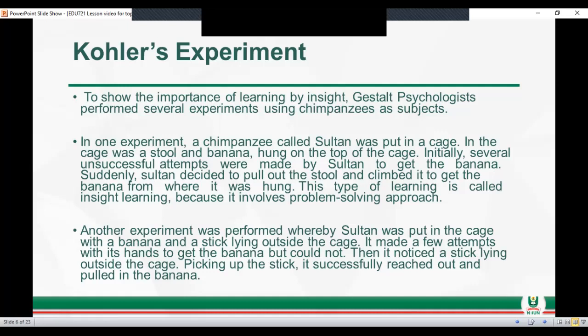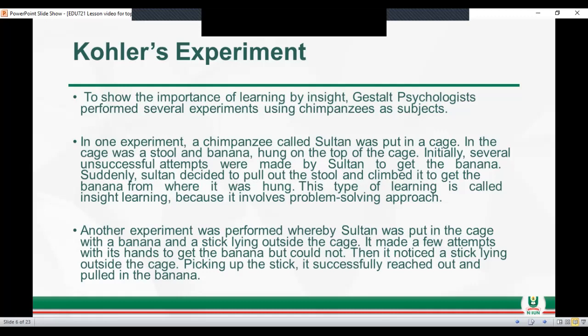In another experiment that was conducted, Sultan was put in the cage with a banana and a stick lying outside the cage. It made a few attempts with its hands to get the banana, but could not. Then it noticed a stick lying outside. You see the thinking skill in action. Picking up the stick, it successfully reached out and pulled in the banana.